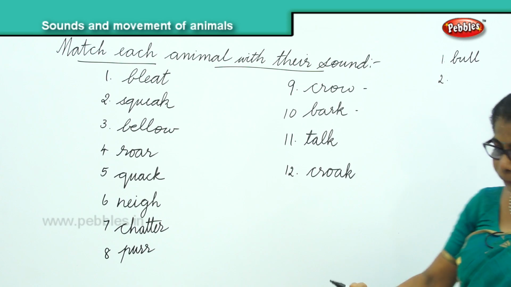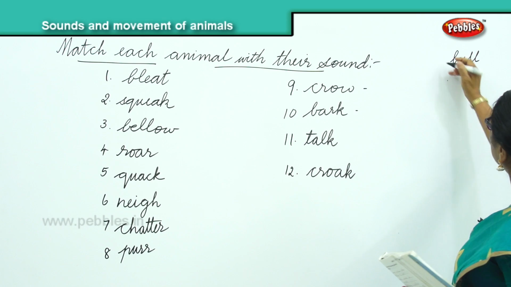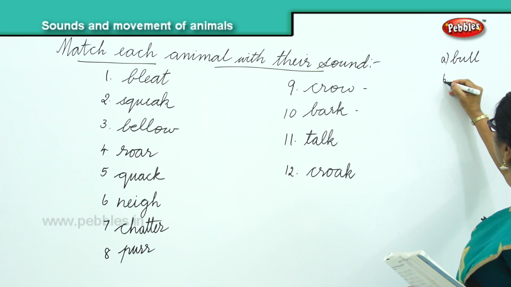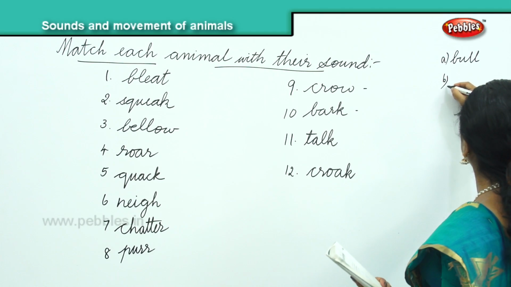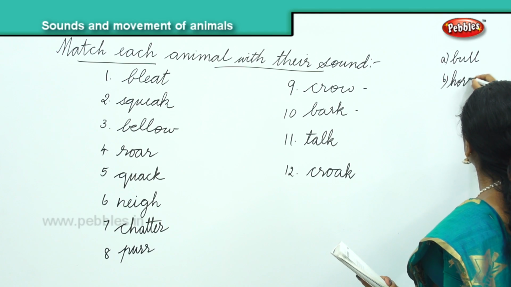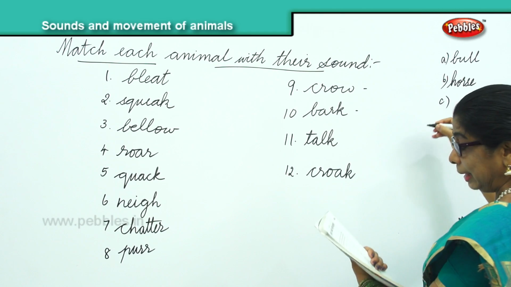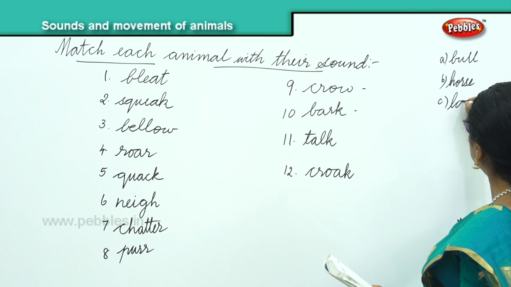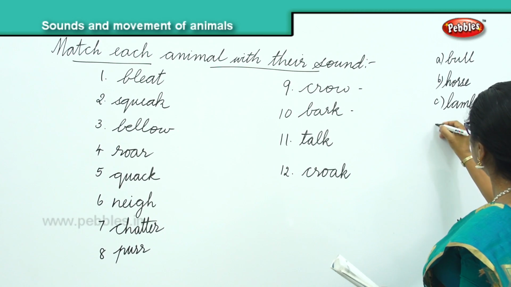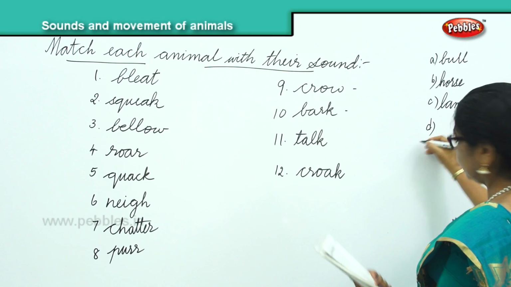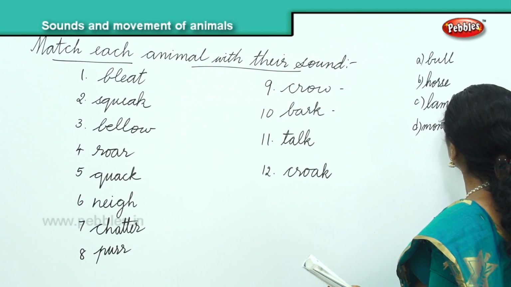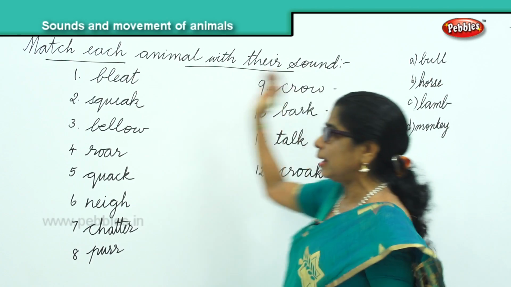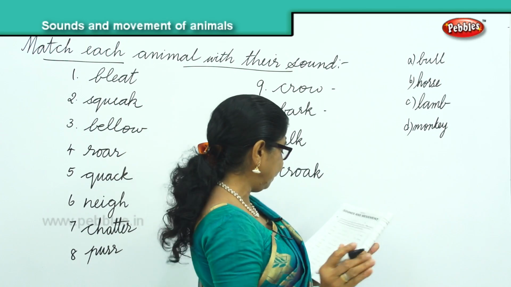Bull. Okay, you must know what noise it makes. Horse. Then we have lamb. Lamb, monkey. Now you look at this and say, where do they fit in?